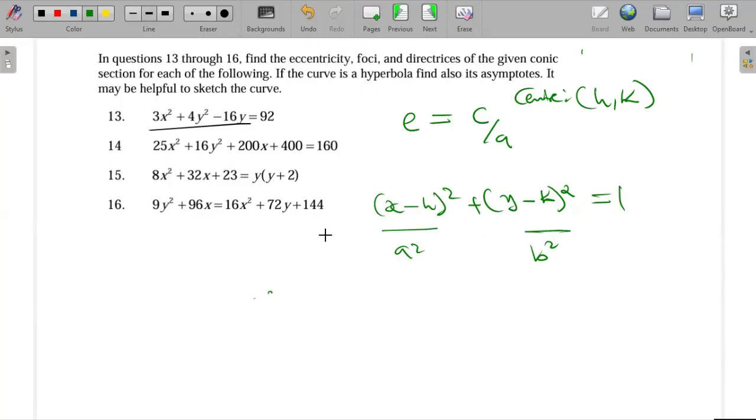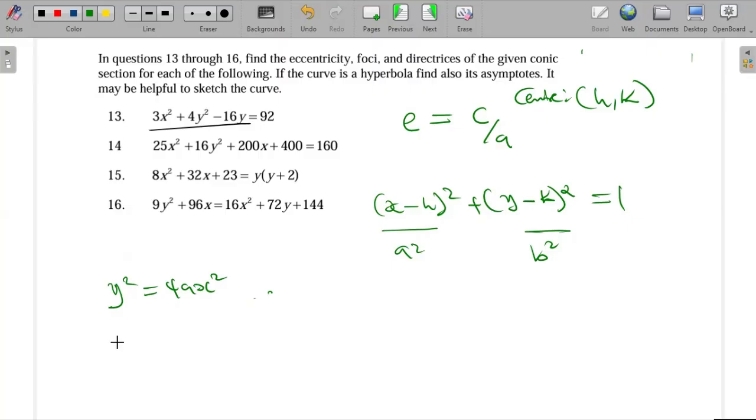And of course, for a parabola, you're going to have a different case. Maybe you would have something like y squared is equal to 4ax, something like this.